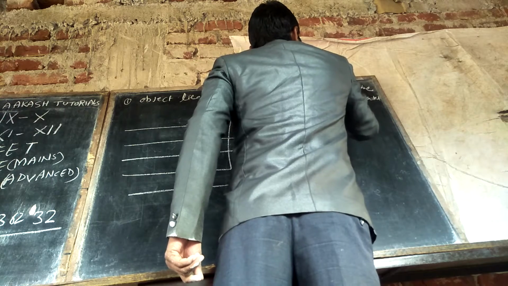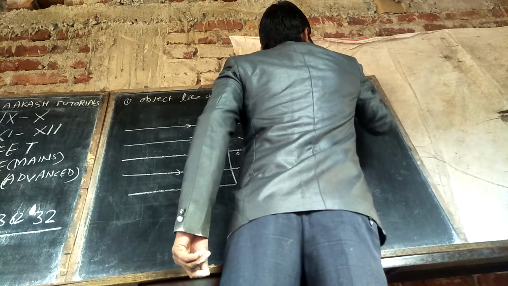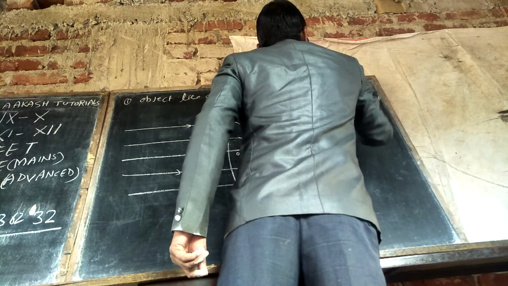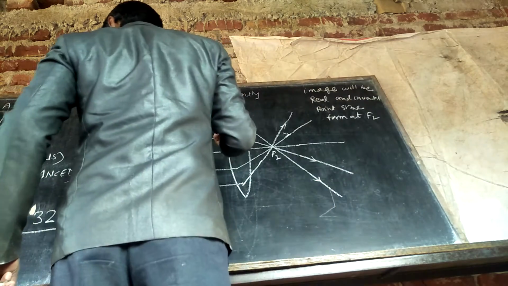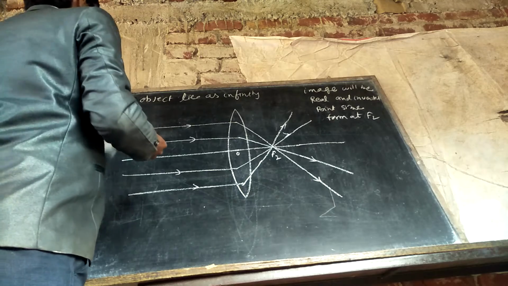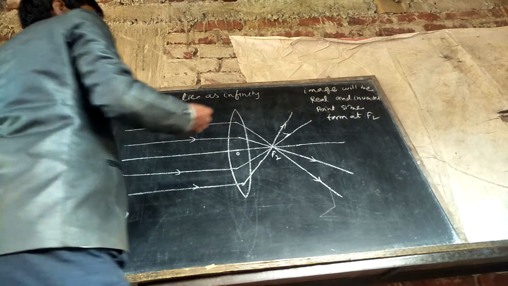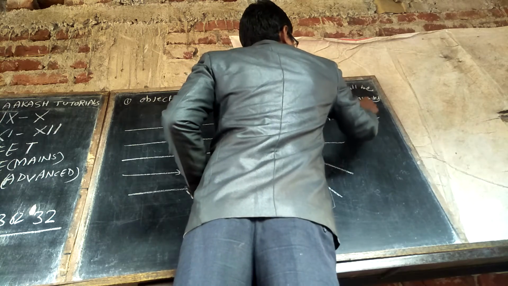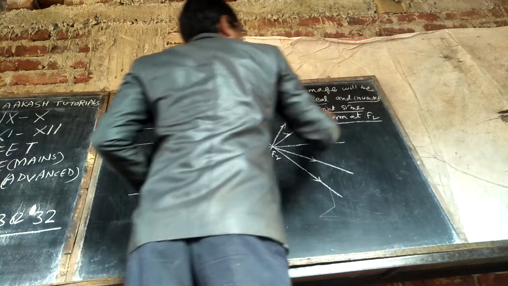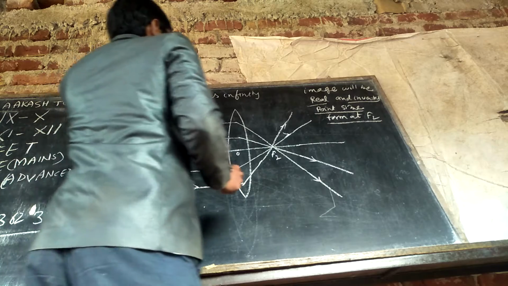It will be of point size and will form at f2, that is the principal focus on the other side. Had the object been at infinity, the image will be real and inverted. The image will be of point size and will form at f2.